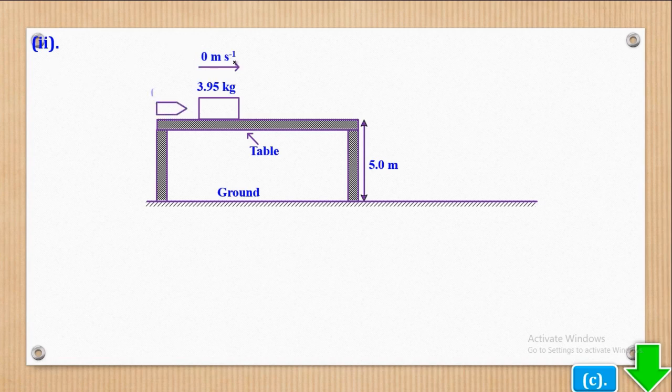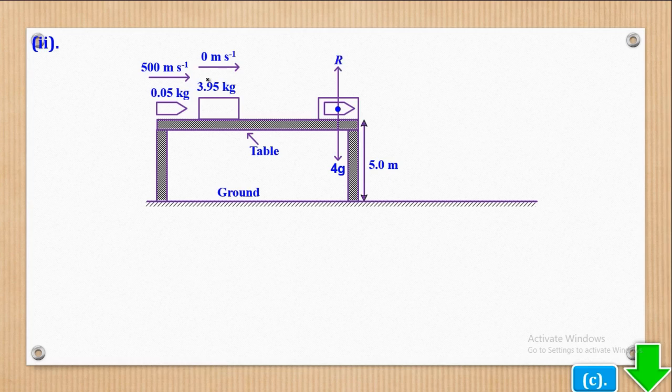Then you also have the bullet, which is 50 grams, which is 0.05 kilograms, and the velocity is 500 meters per second. It moves up to the edge of the table, and at the edge of the table, remember, it gets embedded. At this point, the mass is the total of these two. Therefore, when I add this with this, I come up with 4 kilograms. Therefore, the total weight will be 4g, acting vertically downwards.